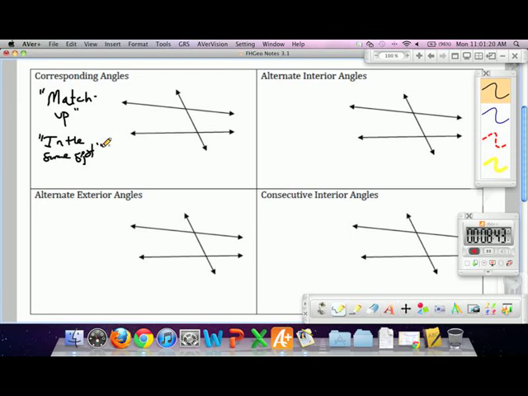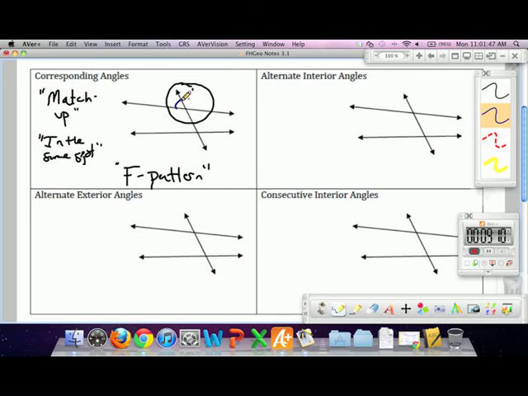If I look at that grouping of four angles, say the upper left angle, the angle that matches up in the bottom pair has got to be the upper left angle here.